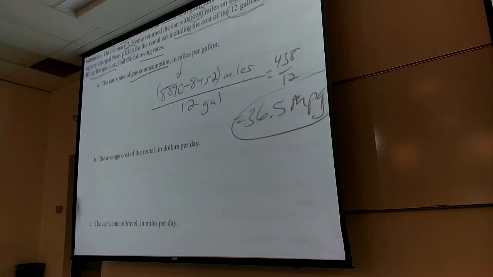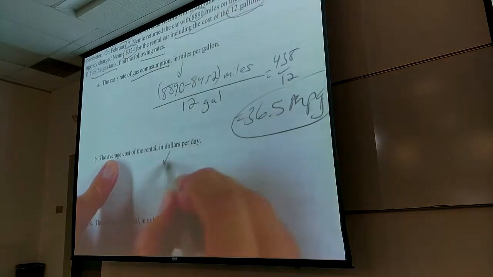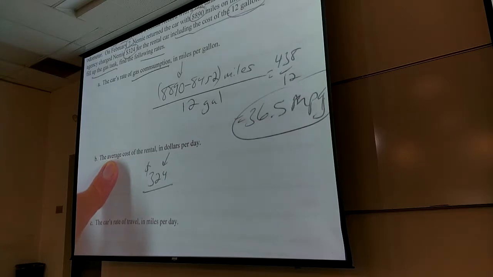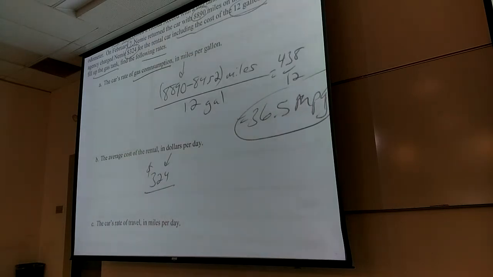So what do you need for part B? 324. Yeah, it costs $324. Now this is kind of mean. It's kind of evil. If you've ever rented a car, you know there are rules for when to count a day against you or not.